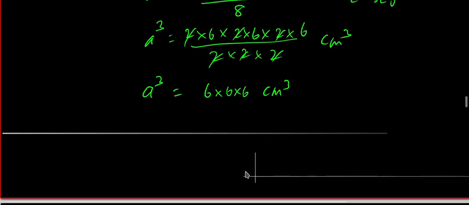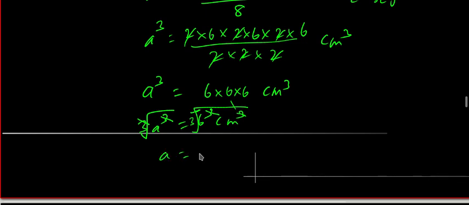So this can be written as 6 cube centimeter cube. A cube equals 6 cube centimeter cube. If we take cube root on both sides, the cube and cube root get cancelled.